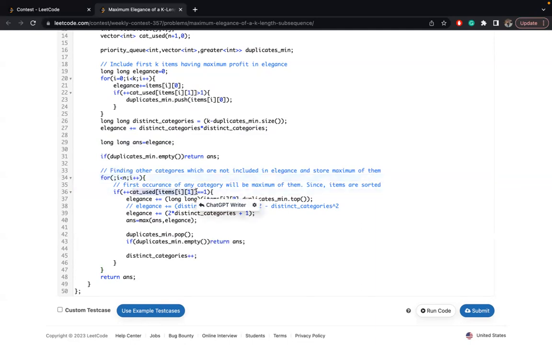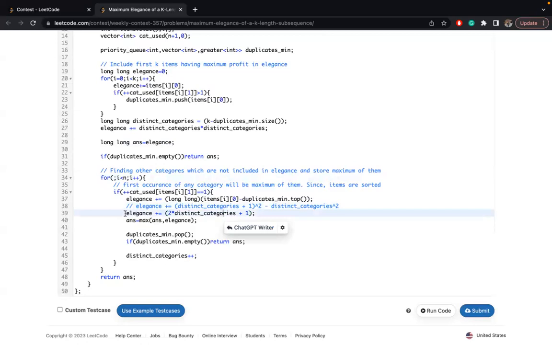So if that is occurring the first time category-wise, so its category has not been used, then I'll change the subsequence and consider the next subsequence. In the next subsequence, our distinct categories have increased by 1. So distinct categories increased by 1, squared, minus the previous distinct categories squared, the difference is 2 times distinct categories plus 1.